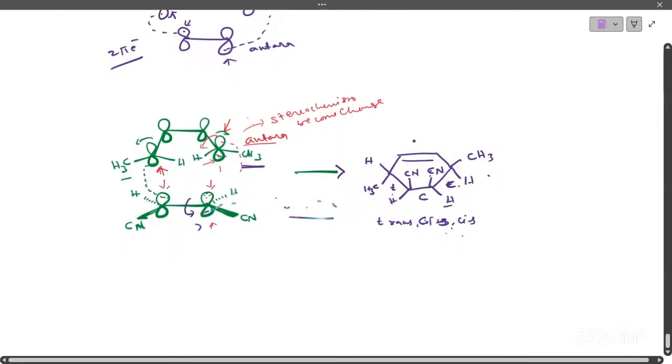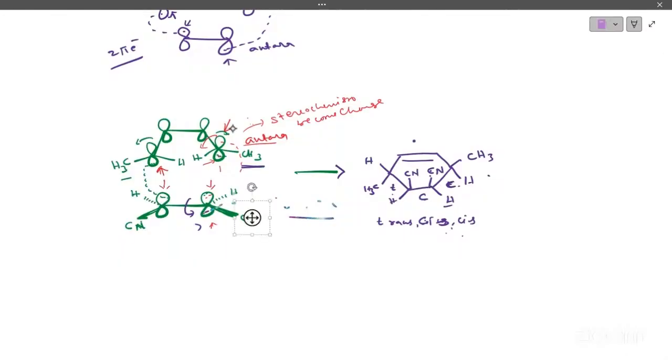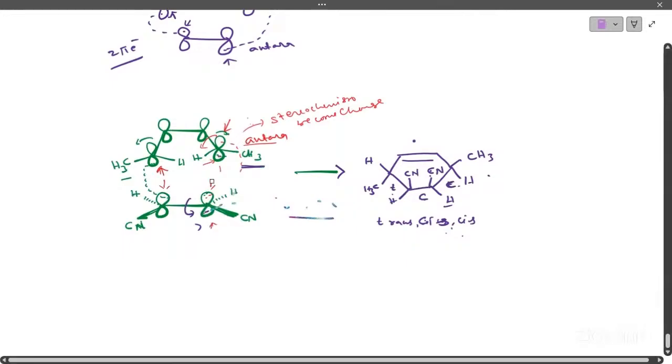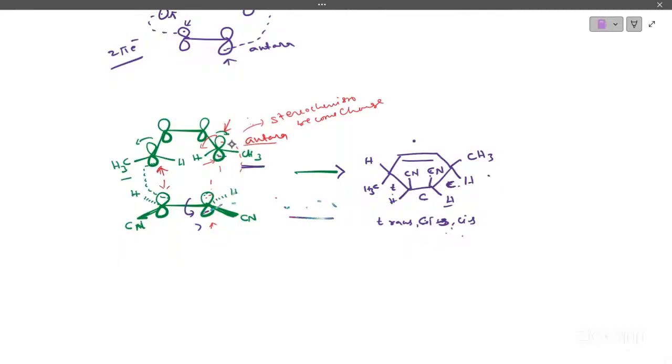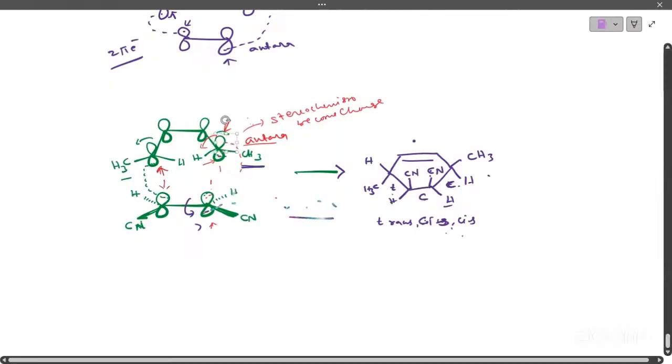With respect to the first pi system, antara. Okay, it is followed. The second one is also antara. Therefore, the interactions are happening like this. This is already true. Both opposite lobes are involved. And the second interaction in the second pi system, these two lobes are involved. Therefore, this is also antara interaction.